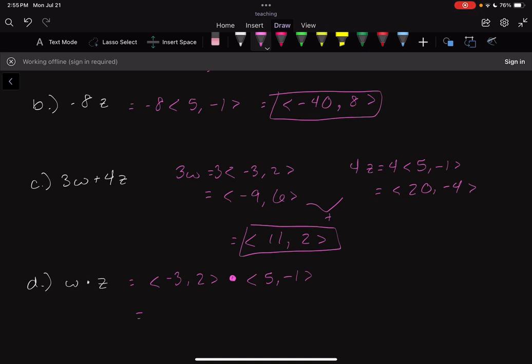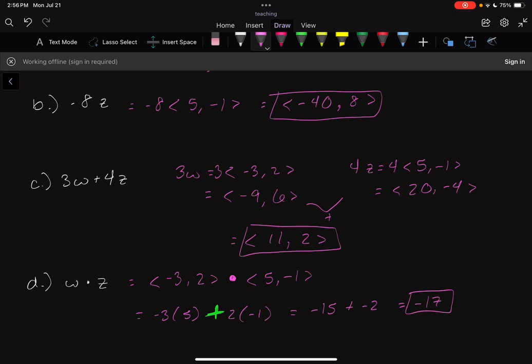When you multiply these, you multiply the x's together, so negative 3 times 5. And then you multiply the y's together, so that's 2 and negative 1. And then you add them together. That's what people usually miss for this question. So I'm going to get negative 15 plus negative 2, so negative 17.